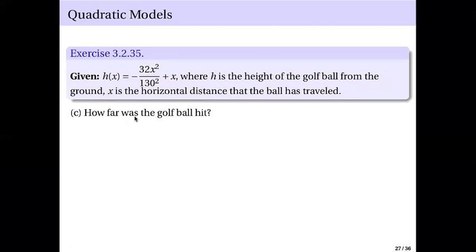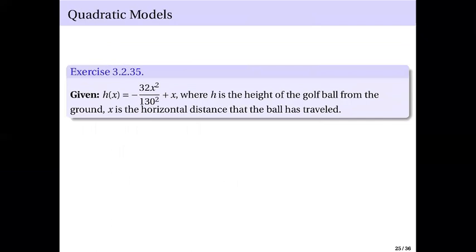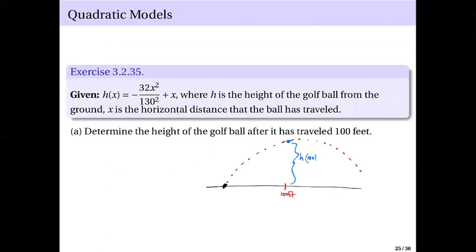And then, how far was the golf ball hit? From here, let us go back to the sketch that I made. According to our calculation, this is not accurate. So maybe this is your 300 feet, so this will be h of 300.